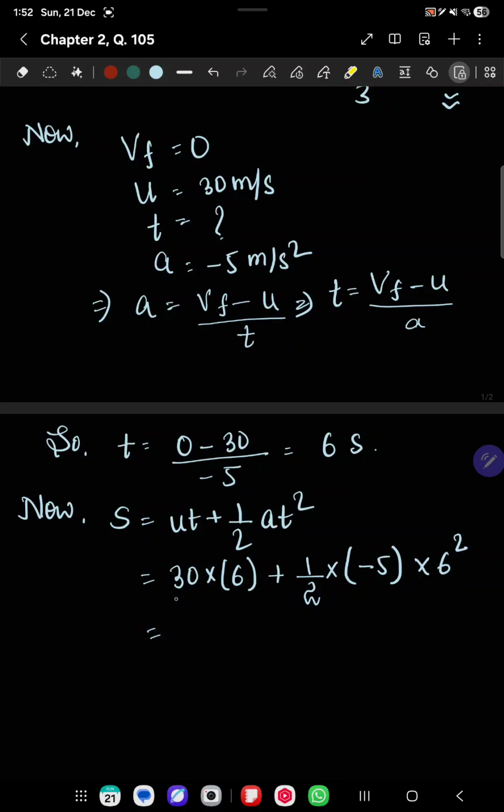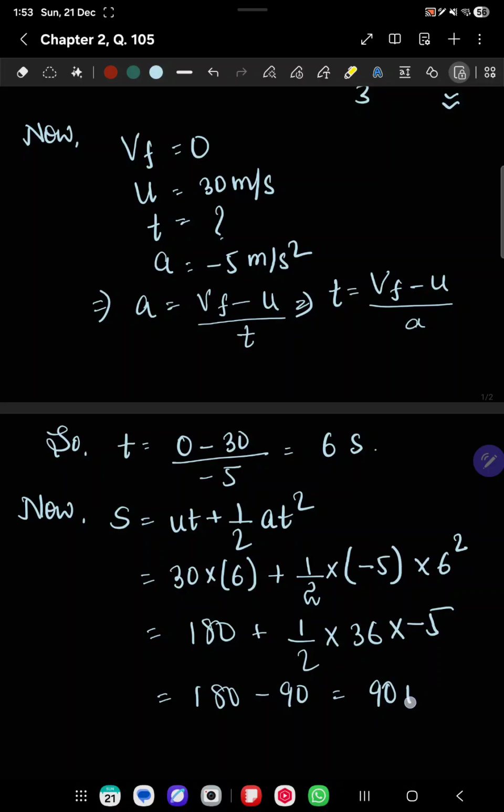We can write it as 180 upon minus 5. So this will give us, which will be 90 meter. So this will be our final answer.